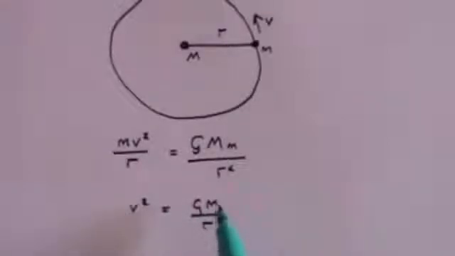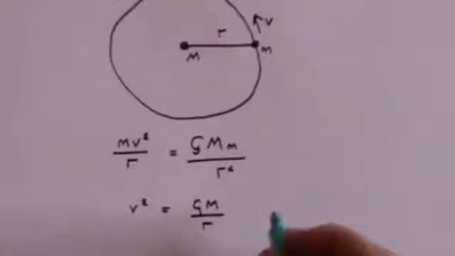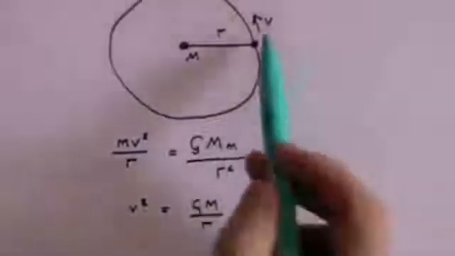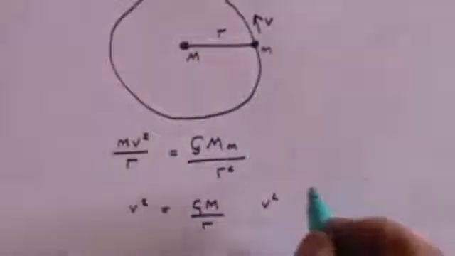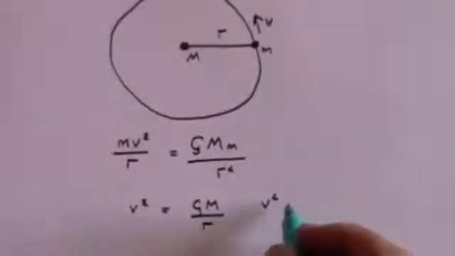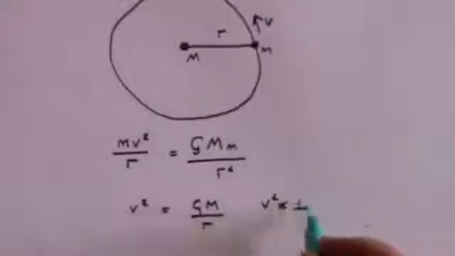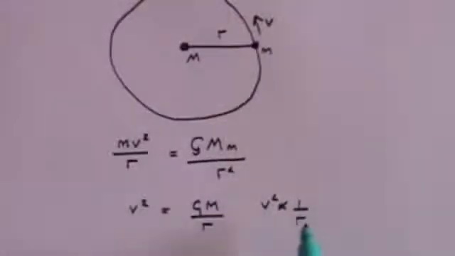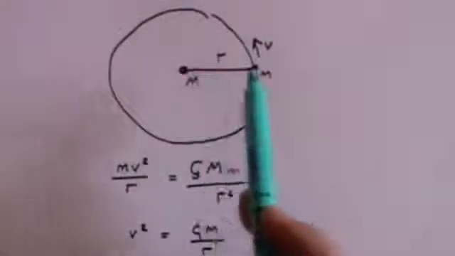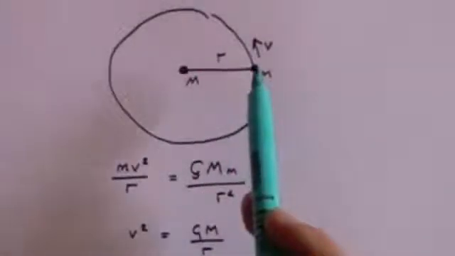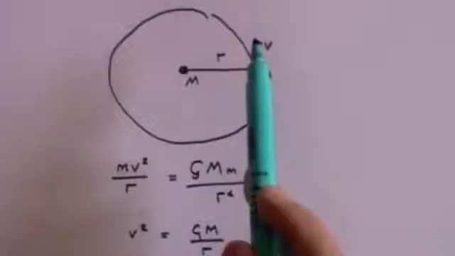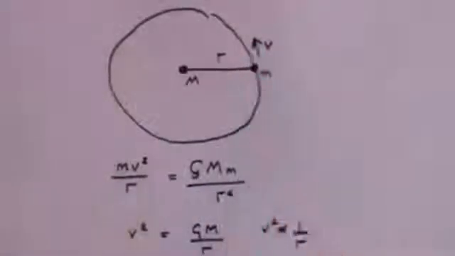M is a constant, the constant mass of the Sun, and that gives you the conclusion that v squared, the orbital velocity of a planet, is proportional to 1 over r. So as r increases, v squared decreases, and consequently v decreases. So the further away a planet is from the Sun, the smaller is its orbital velocity.